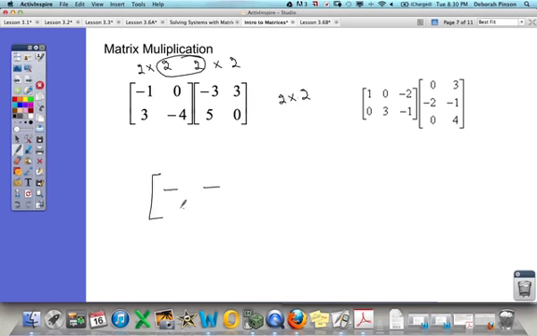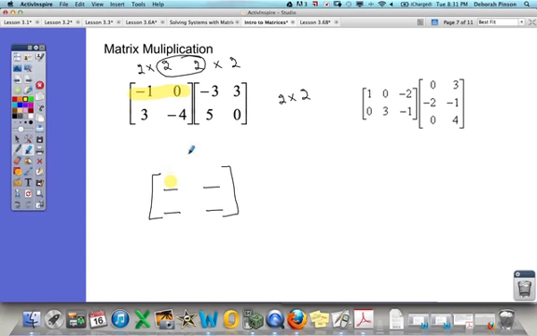And I always like to put these little lines when I'm doing the matrix multiplication. It just makes it easier for me. I know exactly which one I'm putting in here as I go through my process. Okay, now here's what you're going to go through and do. If you're looking for this element right here, you're going to pick its row from the first matrix. So I'm in row 1. I'm going to pick the first row. I'm going to pick the column from the second matrix.